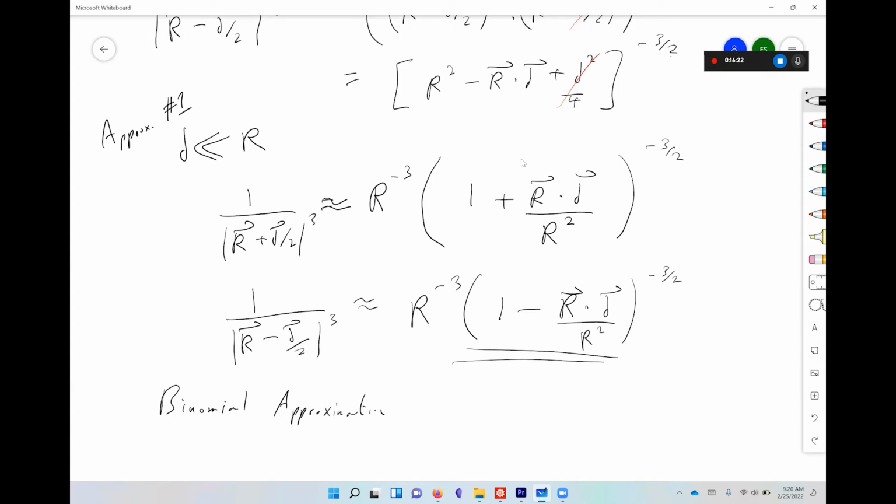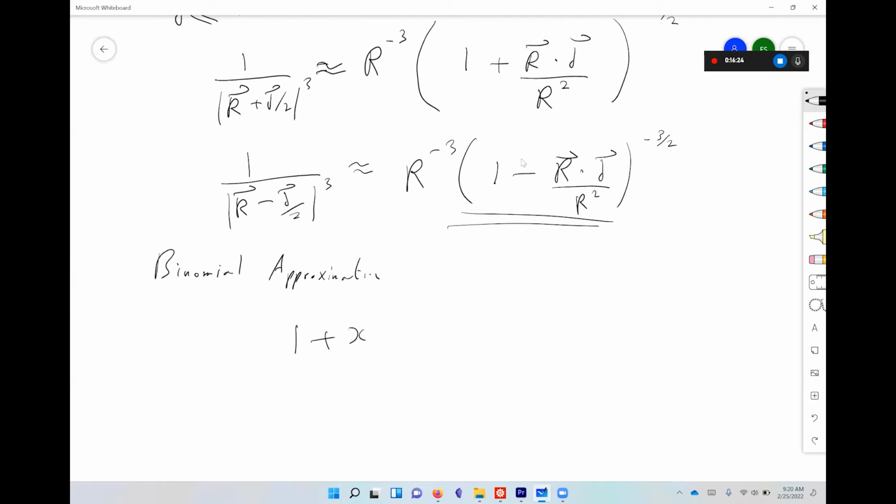If you have something like 1 plus x to the power n, where x is a really small number, this approximately equals 1 plus nx. This is essentially the expansion of 1 plus x to the power n, where you remove the higher order terms. So there should be plus n(n-1) over 2 x squared, and so on.